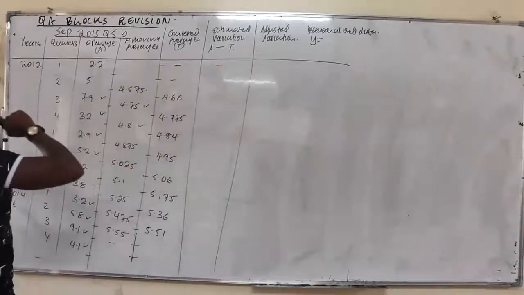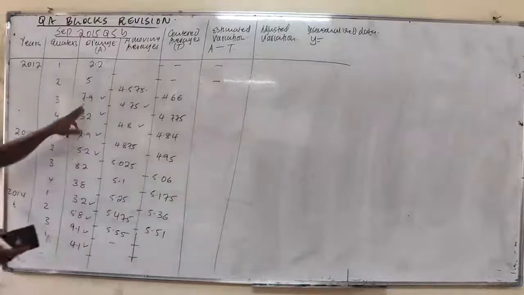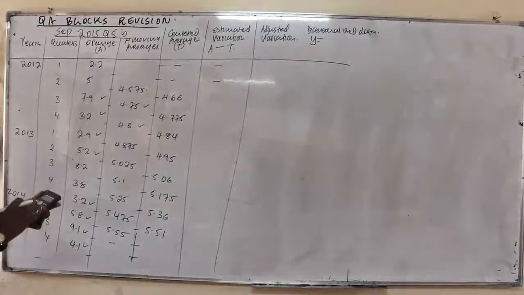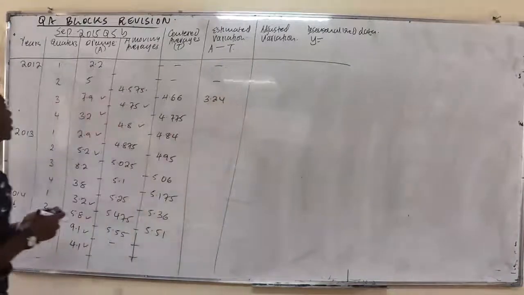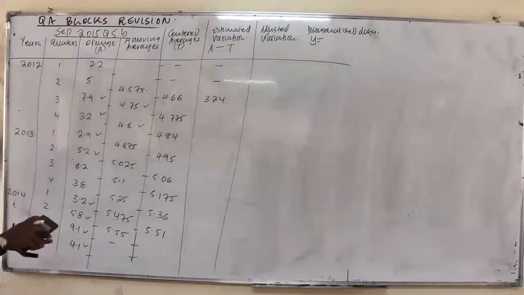The second one will be taking 5 minus dash, you ignore that. Then the third one, you take 7.9, you deduct 4.66. You have 3.24. Then for the fourth, you take 3.2, you deduct 4.775.